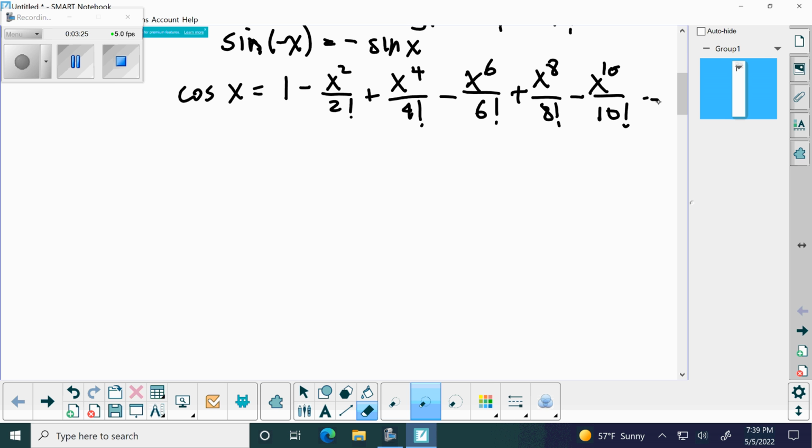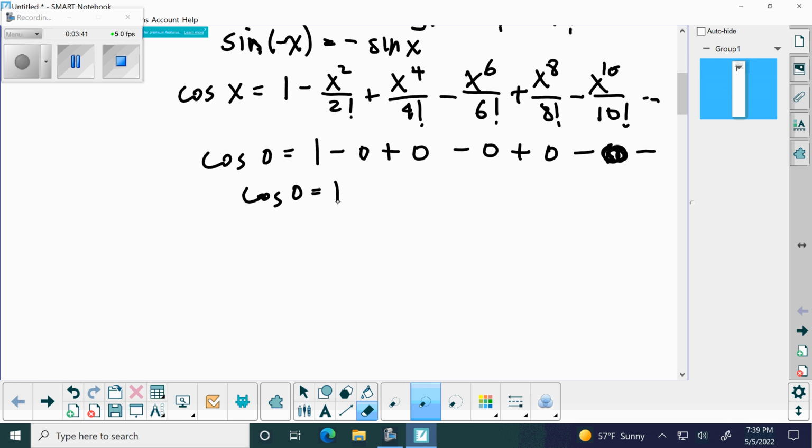We see that cosine of 0 is equal to 1 minus 0 plus 0 minus 0 plus 0 minus 0, and so forth. That cosine of 0 is equal to 1, and cosine is an even function. So that cosine of negative x is equal to cosine of x.